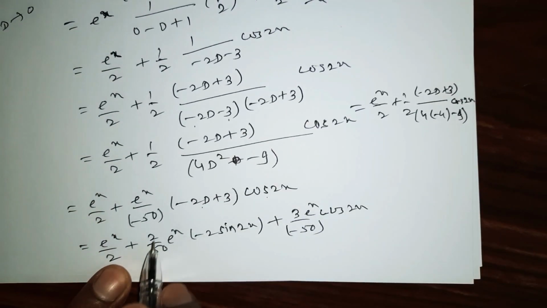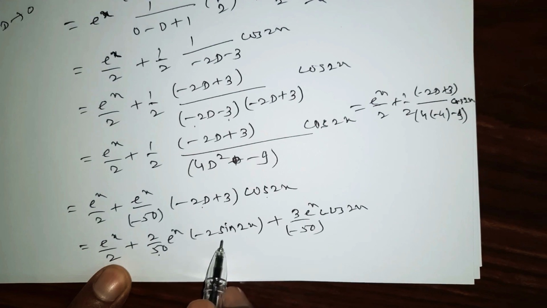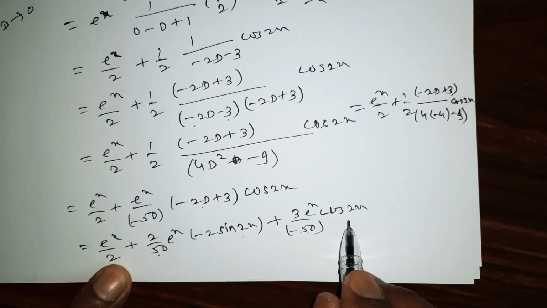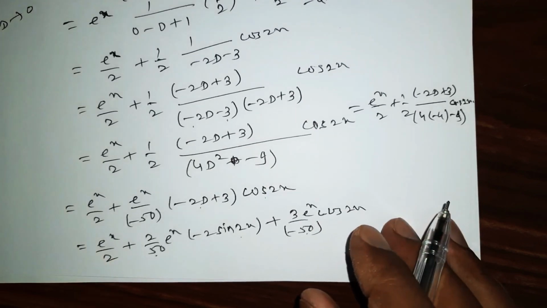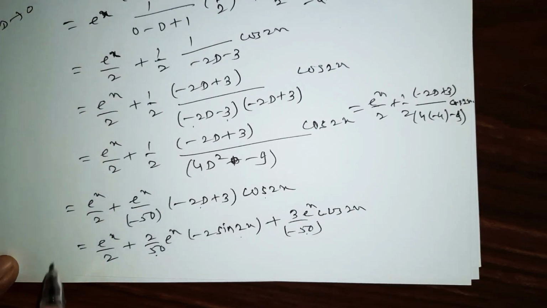Here 2 into 2 is 4, 4 upon 50 e raised to x minus sin 2x, and here minus 3 upon 50 e raised to x cos 2x. Understood? So this is your particular integral.